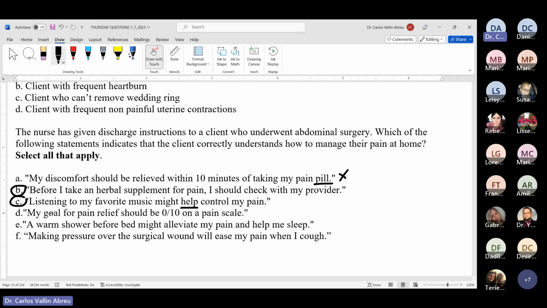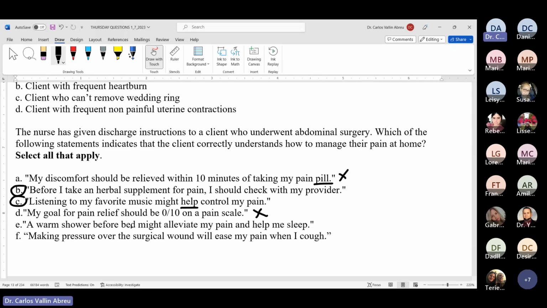My goal for pain relief should be 0 on 10 on the pain scale. No, unrealistic. If you decrease that to 3, 2, 1 is enough.